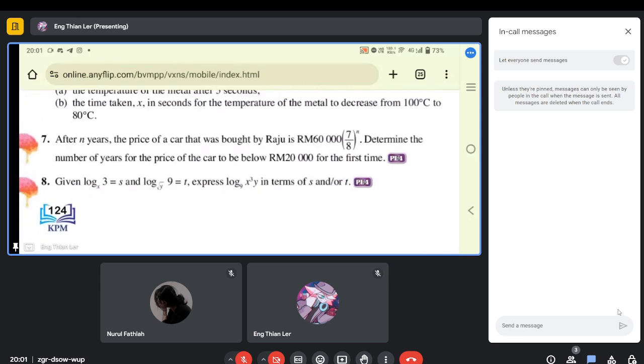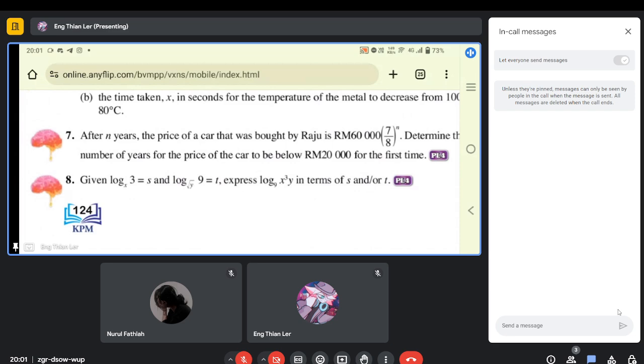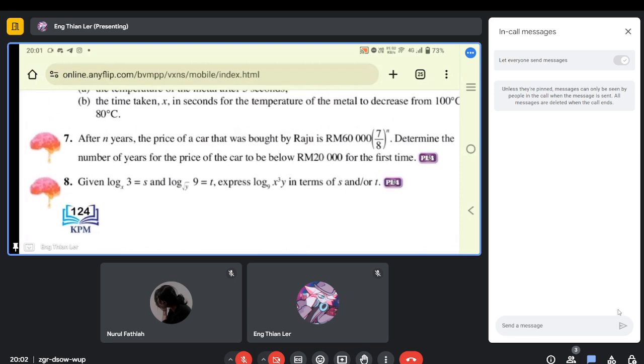For the first question, we have page 124, number 8. Let's look at the question. Given log 3 base x equal to s and log 9 base square root of y equal to t, express log x cubed y base 9 in terms of s and t.